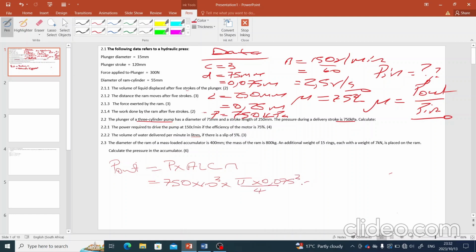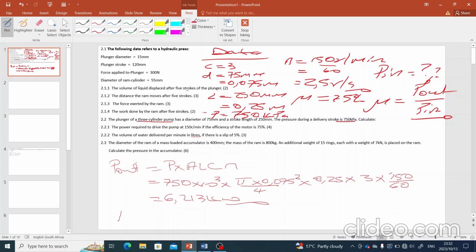This is your area, multiplied by stroke length 0.25, multiplied by C, the number of cylinders, 3, multiplied by 150 divided by 60 if this is the route you want to take, or you can write 2.5 there. Then we got our power as 6,213 kilowatts. This is the power out that I've calculated.